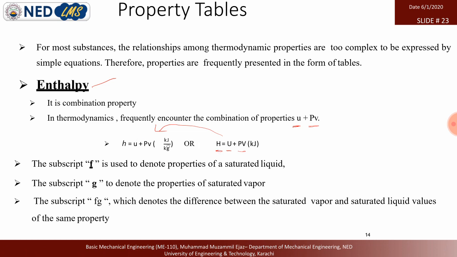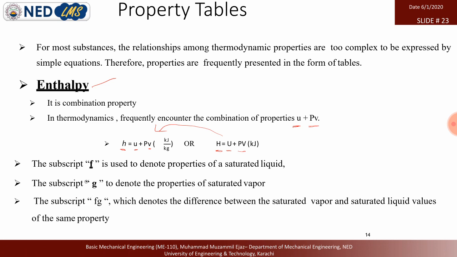In the same way, capital H becomes a small h, the specific enthalpy, along with the specific internal energy u and specific volume small v. So the overall unit of this equation will, of course, be kilojoules per kilogram.